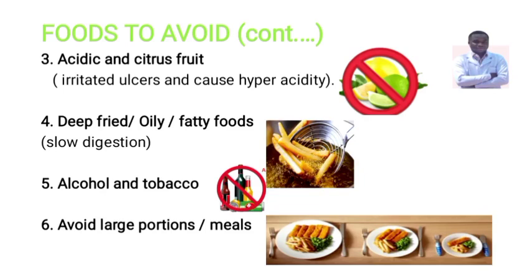But also we have deep fried, oily, or fatty food. We have to avoid this food. Why? For the reason that a patient who uses a proton pump inhibitor has low acidity in the stomach, and fatty food slows digestion.